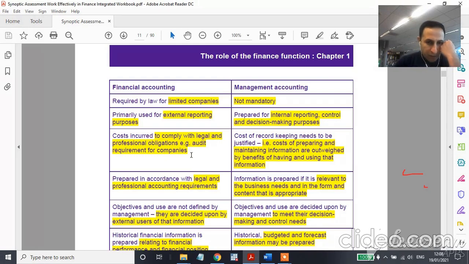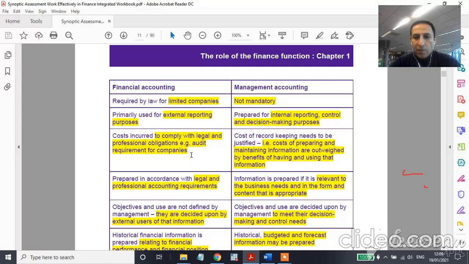Every company must have an audit, and their statement of profit and loss and statement of financial position must be checked by the auditor, and the auditor must give their report to justify that the report gives a true and fair view. Okay, a fair view, it is accurate.